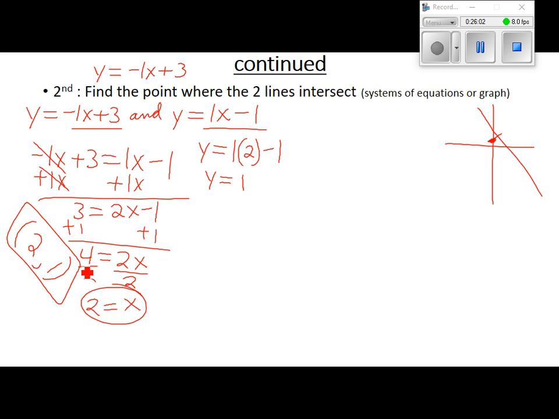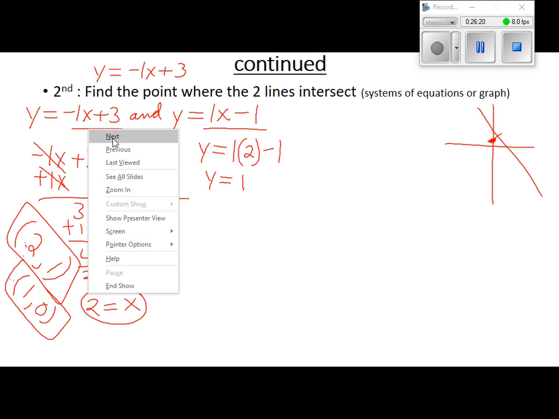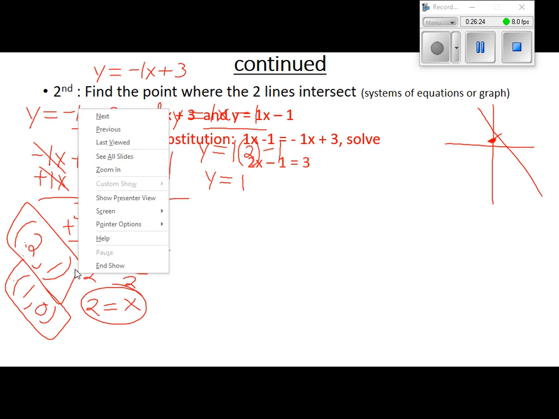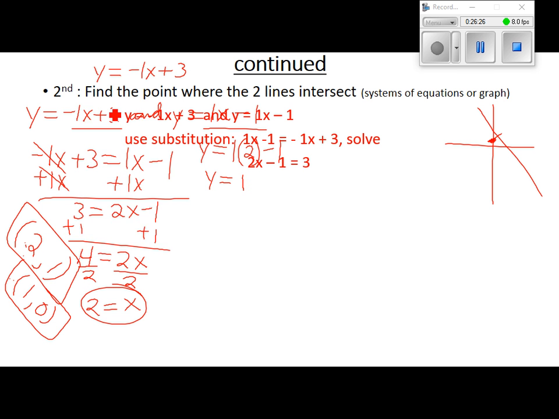What was the other point that we started with? 1, 0. So we got these 2 points. We're trying to find the distance from here to there. What are we going to use once we know those 2 points? Distance formula.